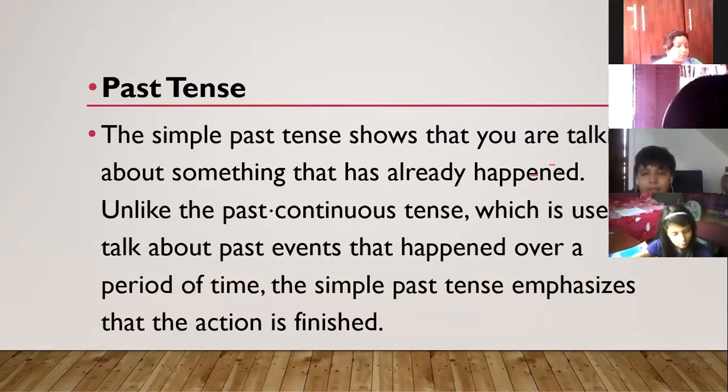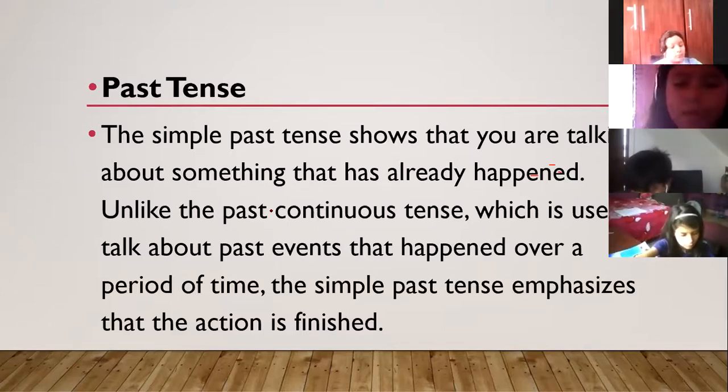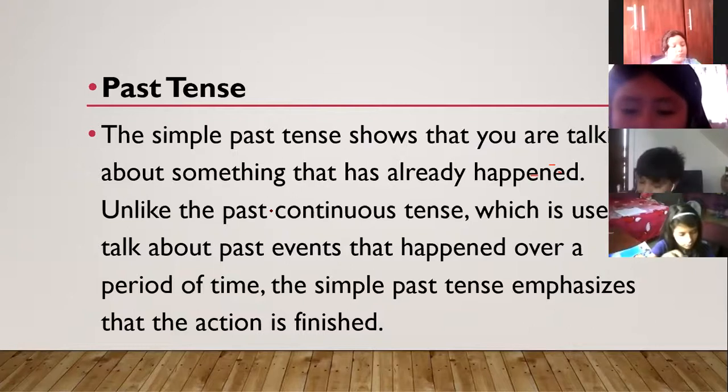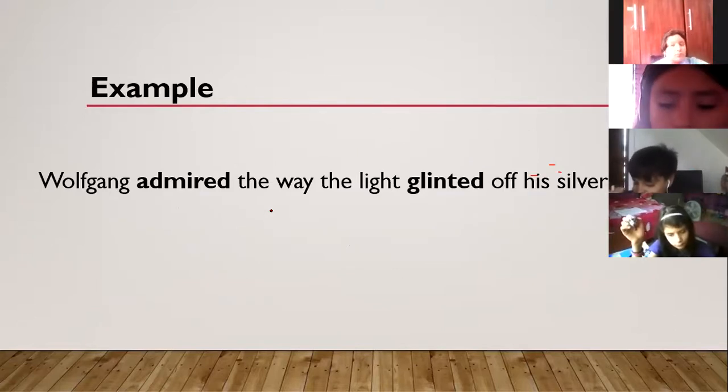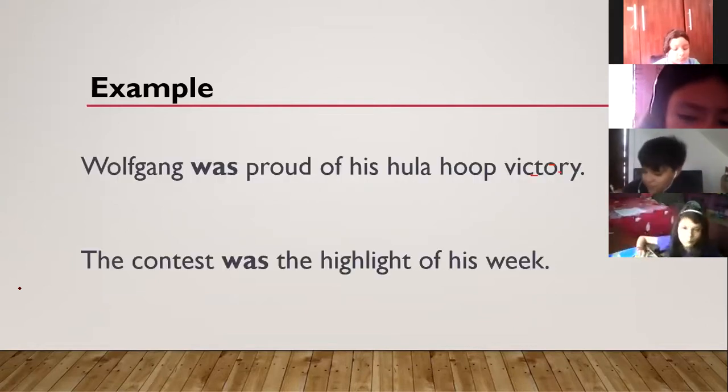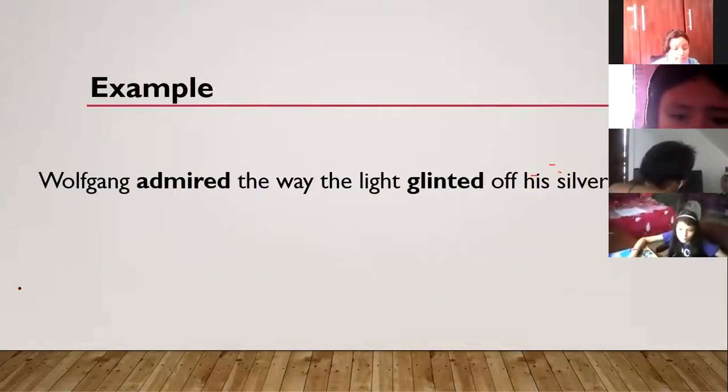So the regular verbs, guys, we add ed at the end of the verb. But what happens with the irregular verbs? They change completely. So here we have an example of a sentence using past tense: Wolfgang admired the way the light.